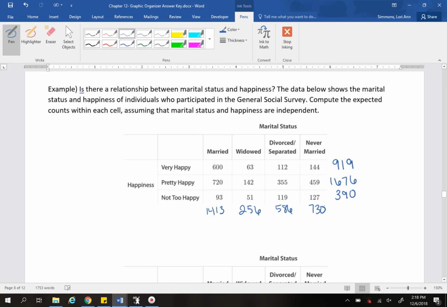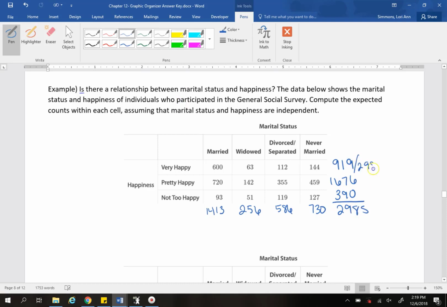Step 2, compute the relative marginal frequencies for the row variable and column variable. So if you look at just the rows, we're looking at very happy. What percentage of the surveyed responses was very happy? You take 919 divided by the total. The total is 2985.